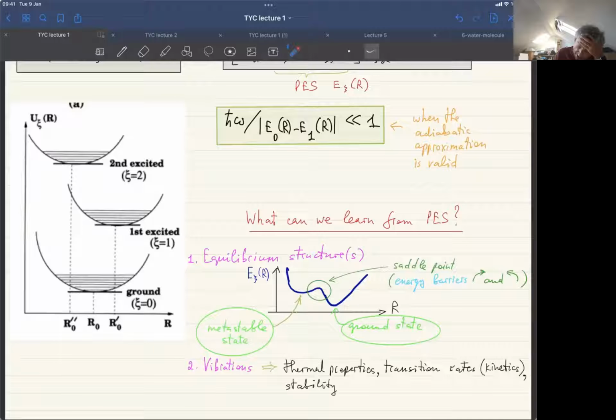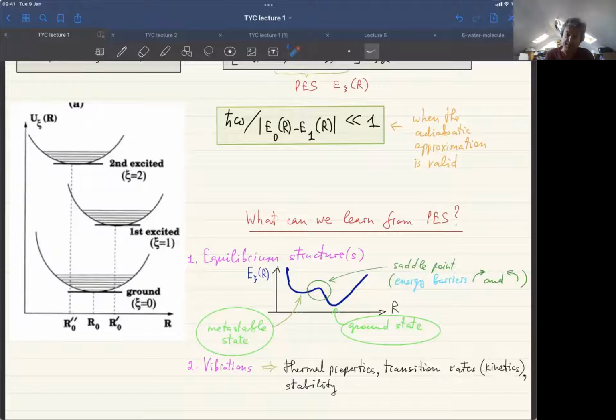And these barriers are quite important. For example, in order to get from the ground state to that excited state, we need to overcome that barrier. But if we go in the opposite direction, it will be a smaller barrier to overcome. And these energy barriers are quite important because they determine the rates for the system to undergo a transition between different minima.